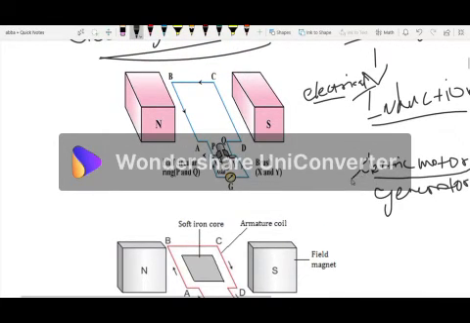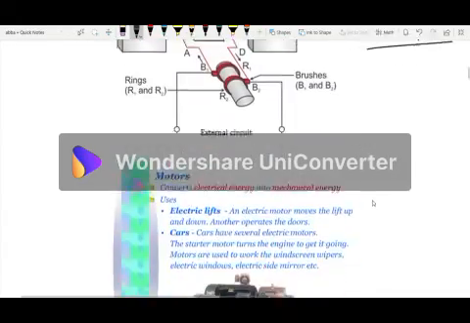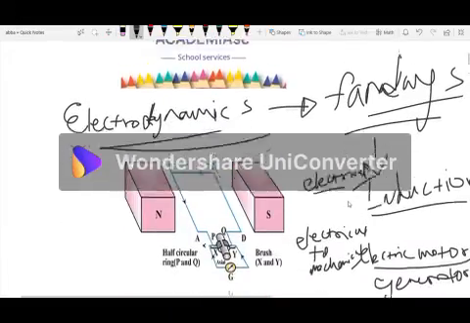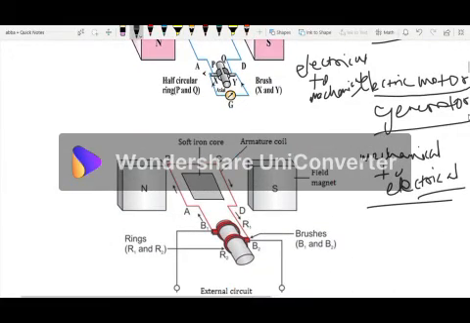So with electric motors, you convert electrical to mechanical, right? Now with generators, you convert mechanical to electrical. So now how do we do that? In this electrodynamics, we're not gonna focus more on the electric motor, but we'll focus on generators, right?